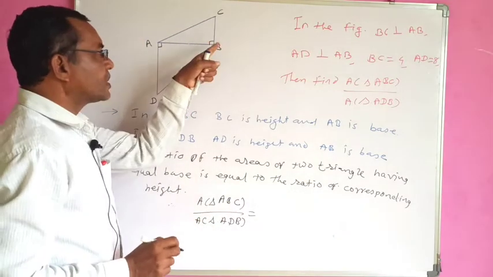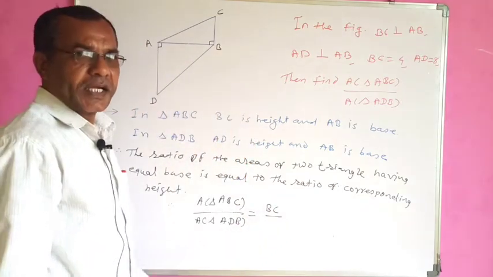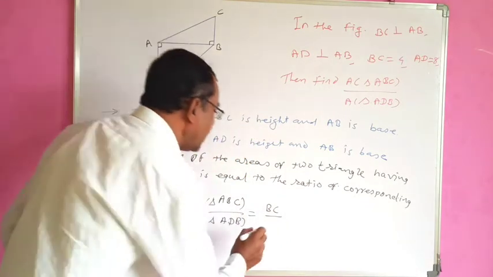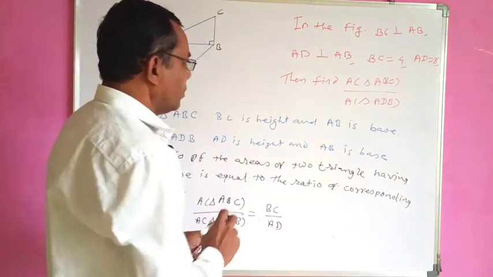The height of the first triangle, that is BC, by the height of the second triangle, that is AD. Okay, now we will put the values here.